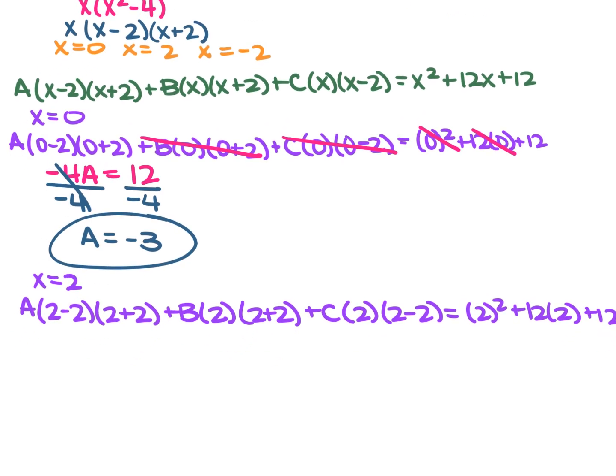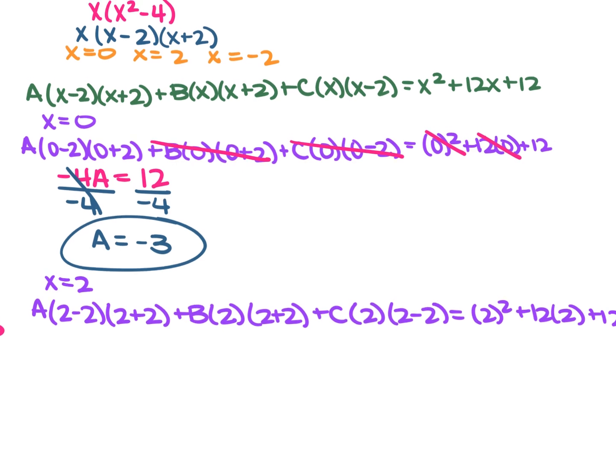So this whole thing will simplify. Your 2 minus 2 that's multiplied by that a cancels out your a. Your b times 2 is 2b. 2 plus 2 is 4. 4 times 2b is 8b. Your c times 2 is 2c. 2 minus 2 is 0, so that cancels out your c. This is equal to 2 squared, which is 4, plus 12 times 2, which is 24, plus 12.